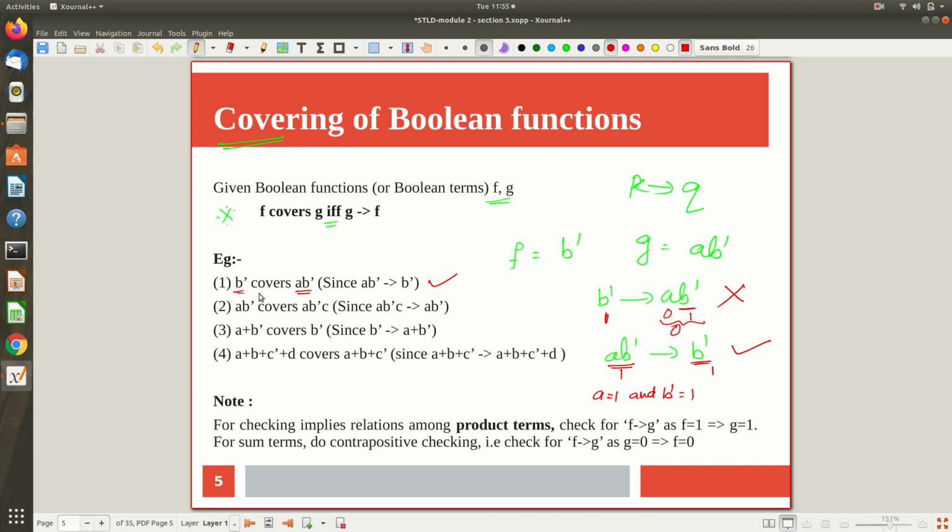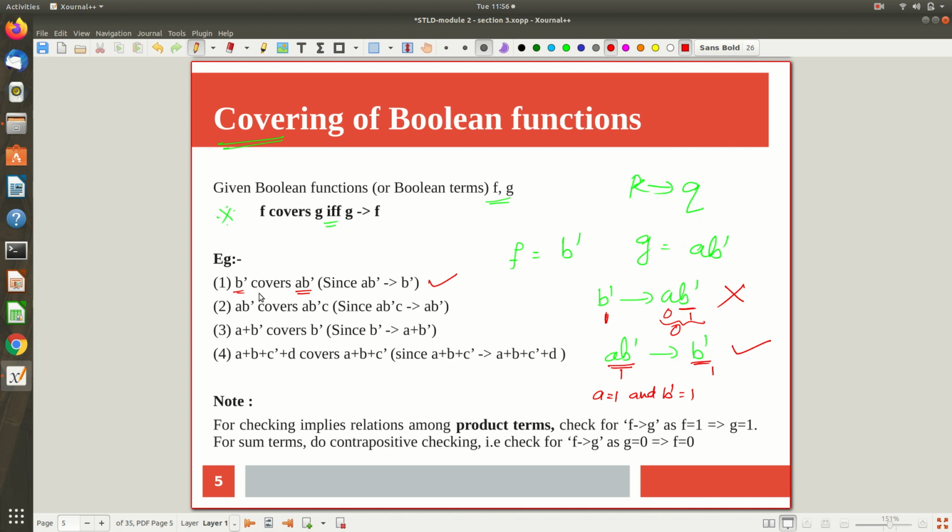You will group some set of ones and get a product term. B dash is a smaller product term, so it will be obtained by a bigger cube. Similarly, AB dash is a slightly bigger product term, so it will be obtained by a smaller cube. So the bigger cube is actually covering the smaller cubes.